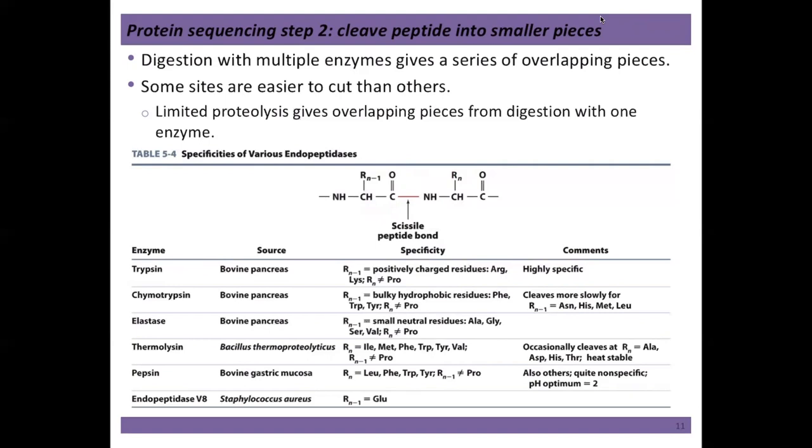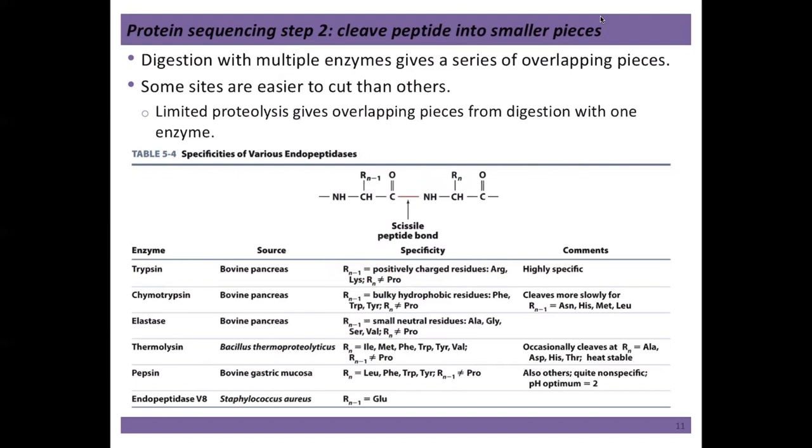So trypsin, and notice we're drawing it from the N terminus to the C terminus. Trypsin, we get it from the bovine pancreas, and one reason you'd want to do that is we end up slaughtering lots of cows, and so you can isolate this from the leftovers after getting your hamburger. What they say is this residue that's N-1 needs to be a positively charged residue, such as arginine and lysine. And then the following residue can't be proline. So that's how you read this.